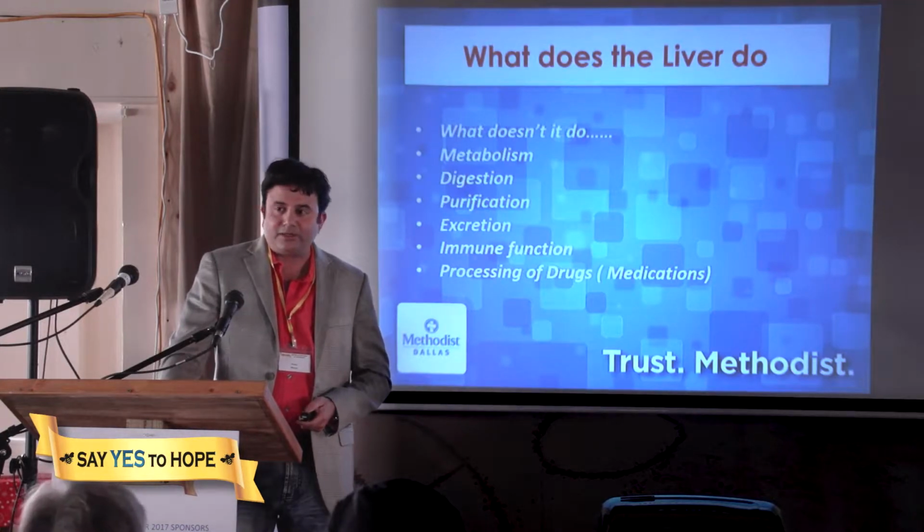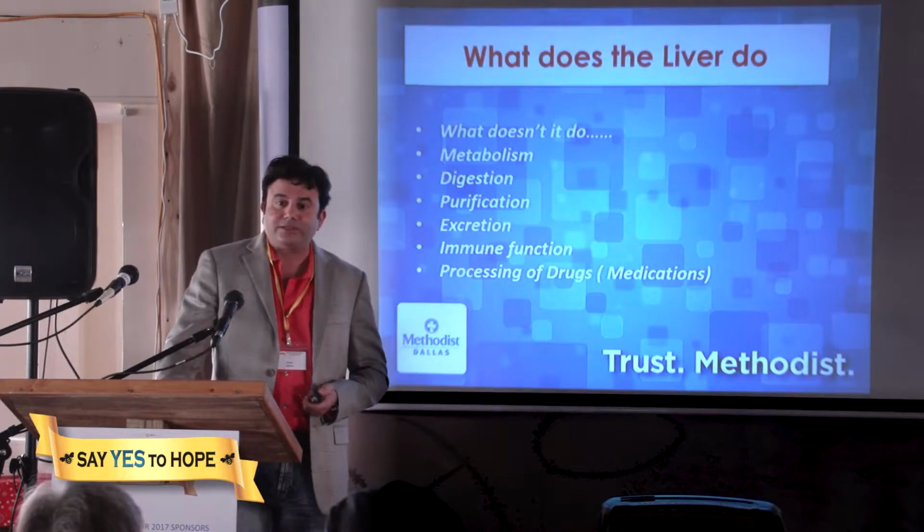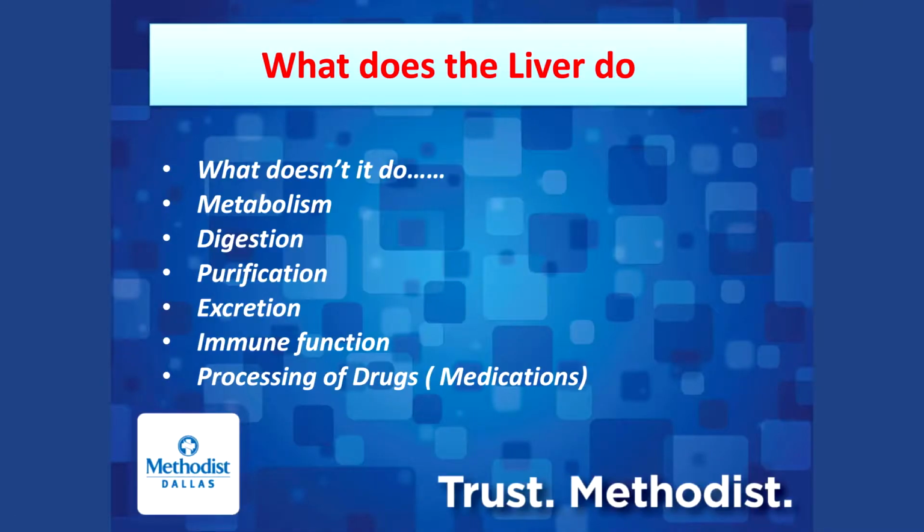I think Dr. Hembright talked about this somewhat, but from a medical standpoint, what does the liver do? Well, you might actually ask what it does not do, because it does a lot. The liver is the center of metabolism and digestion, so it is obviously a very vital organ.